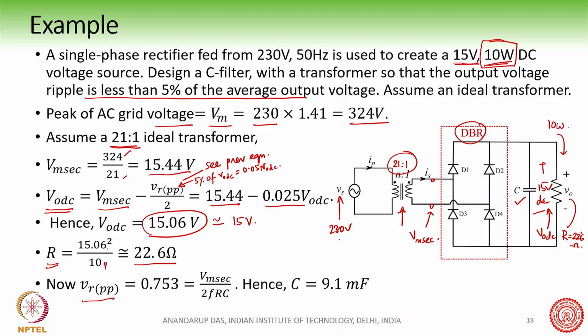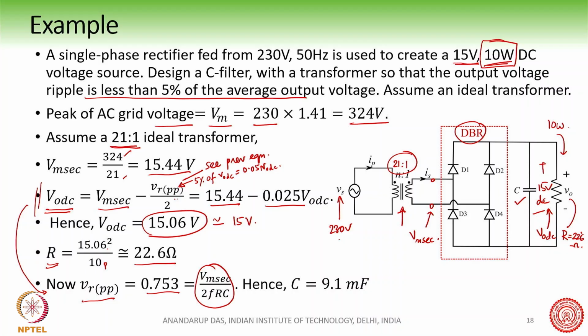So Vr peak to peak now will be equal to 0.753, which you can find out from this equation. You can recall that we had said that the Vr peak to peak is Vm secondary divided by 2 FRC.